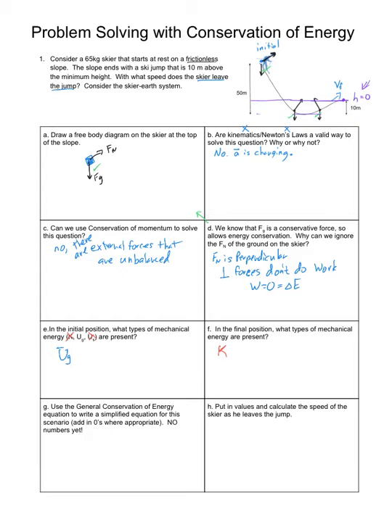All right, moving on to letter G, it says use the general conservation of energy equation to write a simplified equation for this scenario. So remember, that's where we say the change in energy, again we're talking about mechanical energy here, is equal to the change in kinetic plus the change in gravitational potential plus the change in the elastic potential.